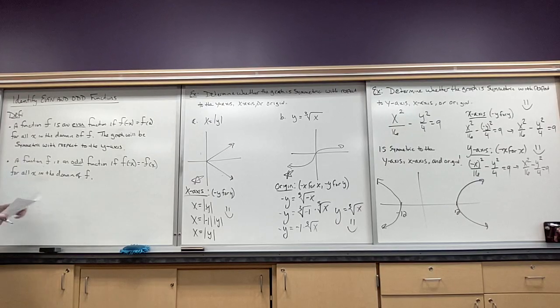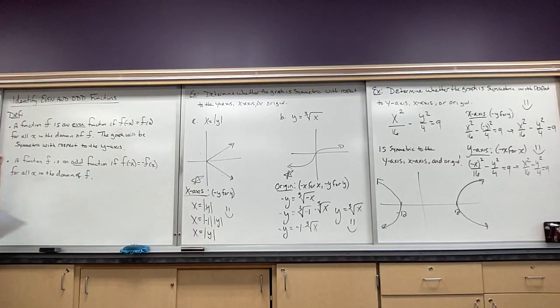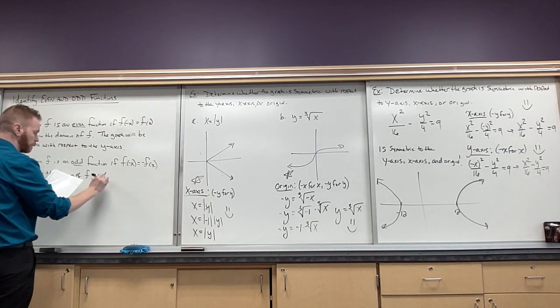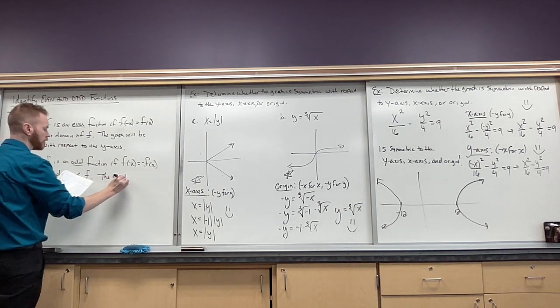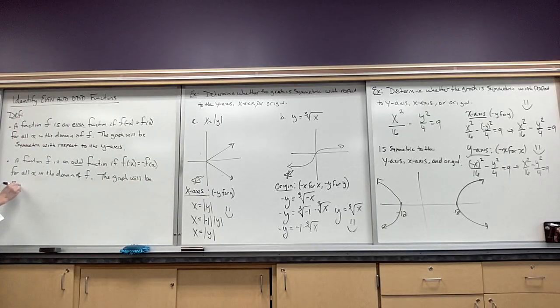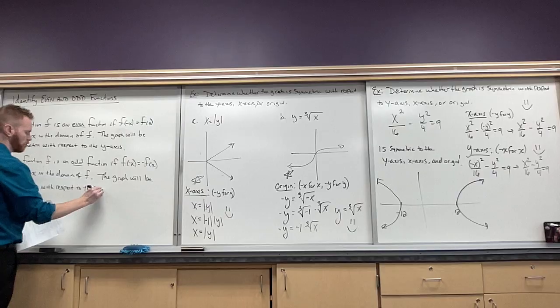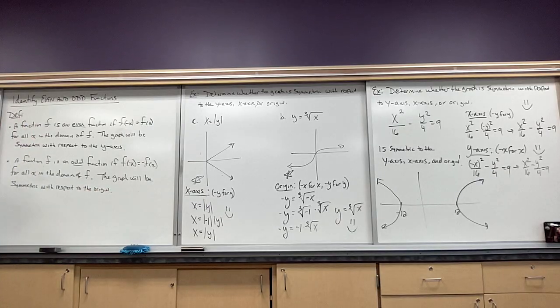This is saying if I plug in a negative x, I get a negative y. Well, isn't that what origin symmetry is? Negative x, negative y for an x and y. So I'm going to go ahead and include that in here. So therefore, we could say the graph will be symmetric with respect to the origin.